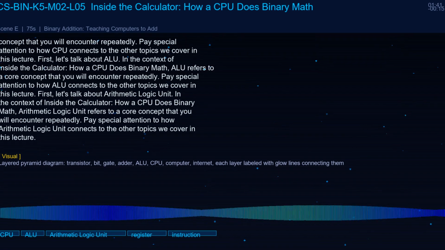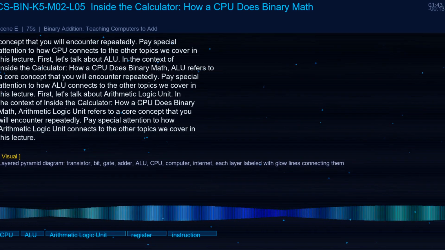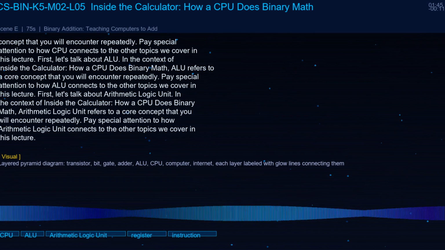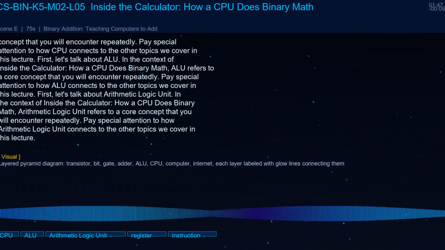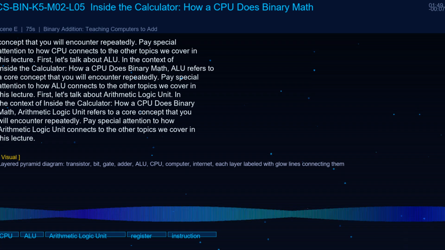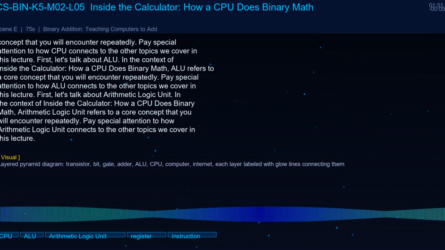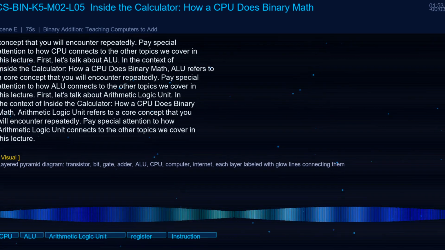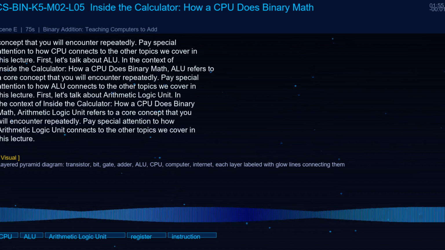In the context of inside the calculator, how a CPU does binary math, each of these refers to a core concept that you will encounter repeatedly. Pay special attention to how they connect to the other topics we cover in this lecture.